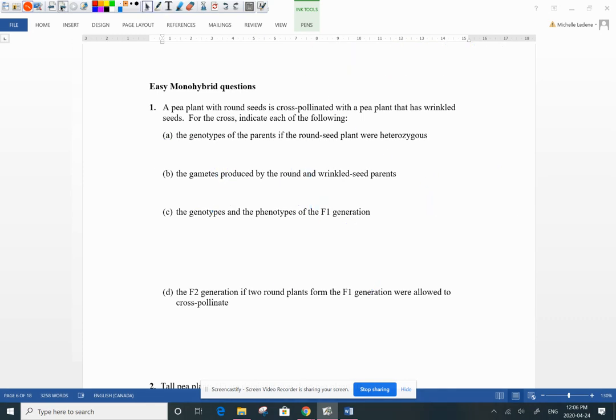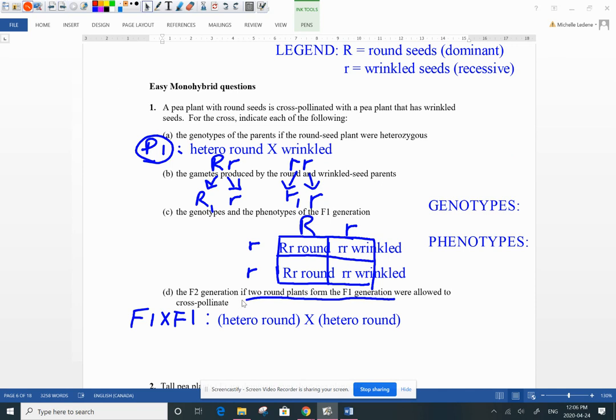Okay, the next question asks, what about the F2 generation? We're going to take two round offspring from that F1 generation. Here is a round, and I'm going to mate it with another round. I'm going to cross-pollinate. So what offspring am I going to get in the next generation, the grandchildren, the F2s?